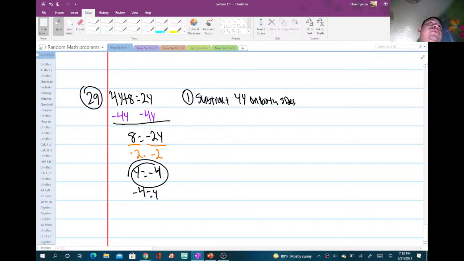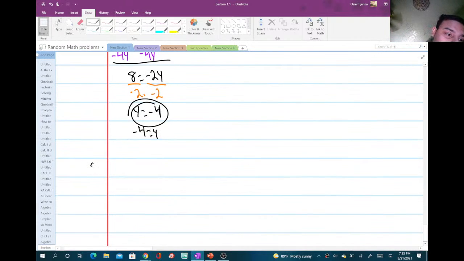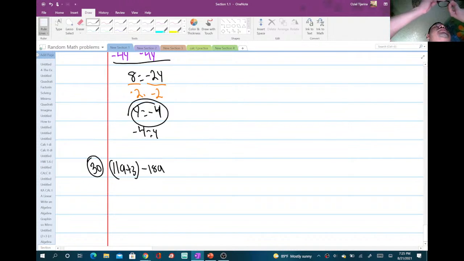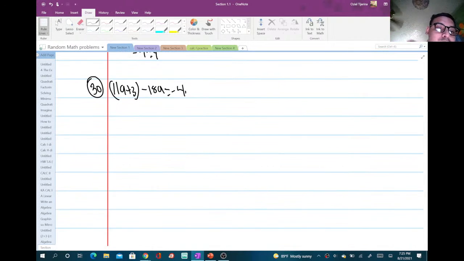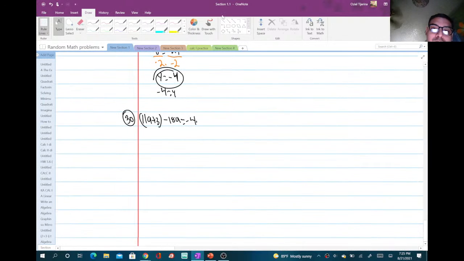Number 30 is 11a plus 3 minus 18a equals negative 4. Let me put on my glasses, because I can't really see from here. Let me zoom in a little bit more.